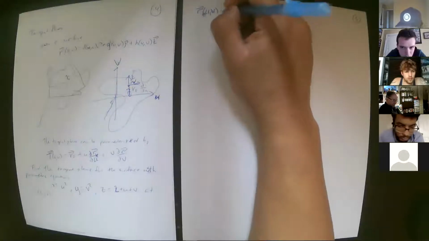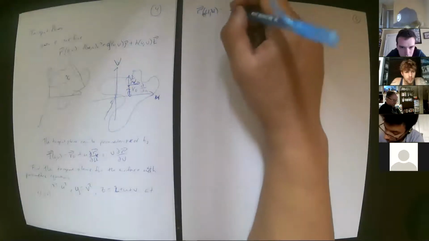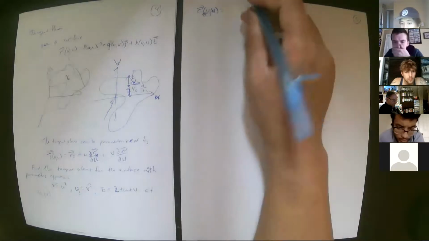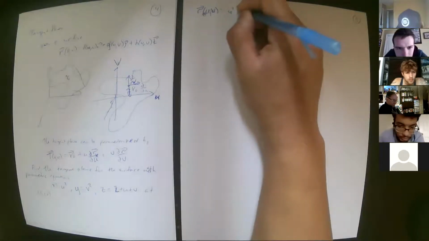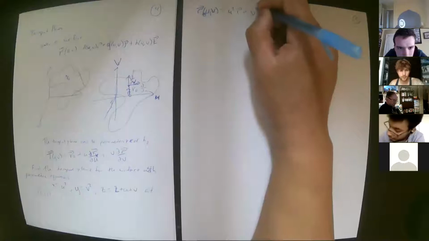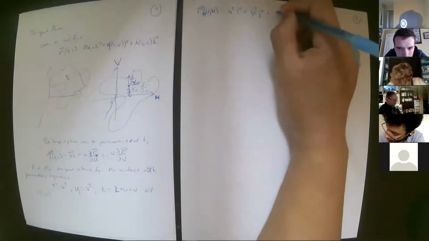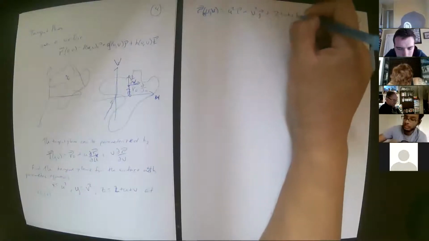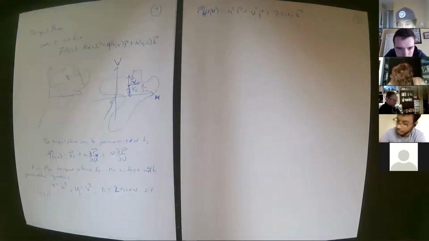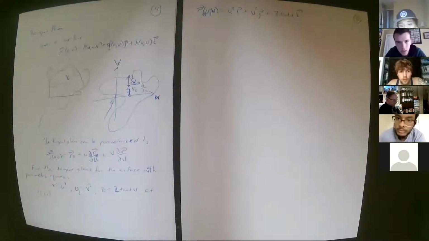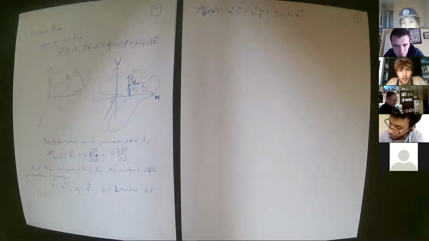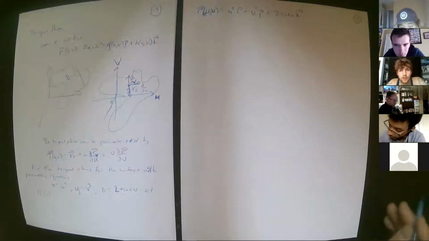Well, r is this, right? Let's put this into what r means. r is u squared i plus v squared j plus (2 plus u plus v) k, right? So what is the derivative of r? If we think back to when we talked about derivatives of parametric curves, we take each derivative component-wise.